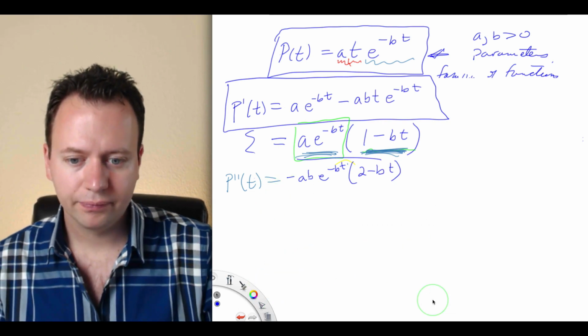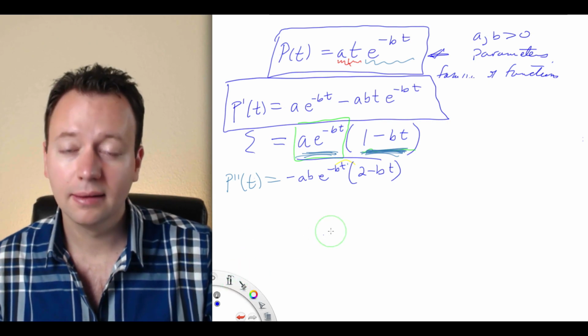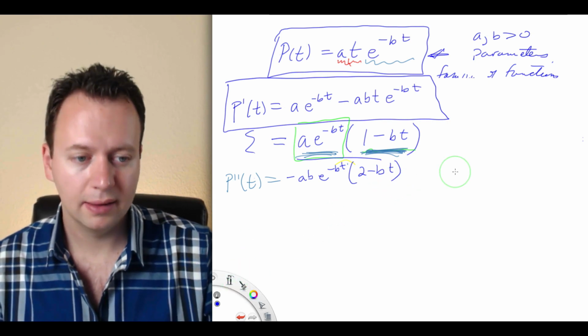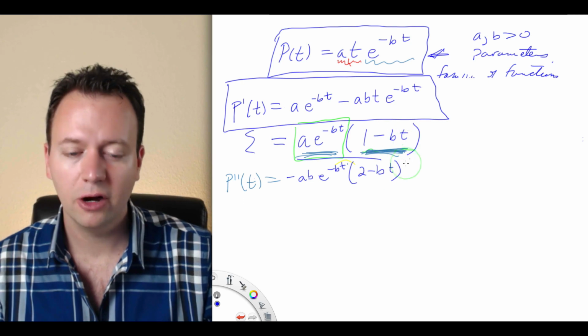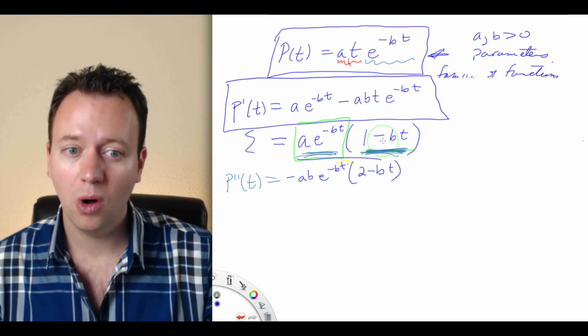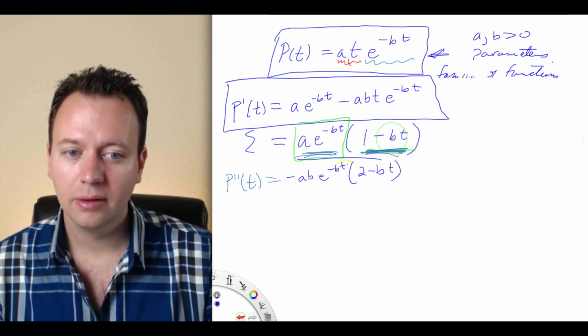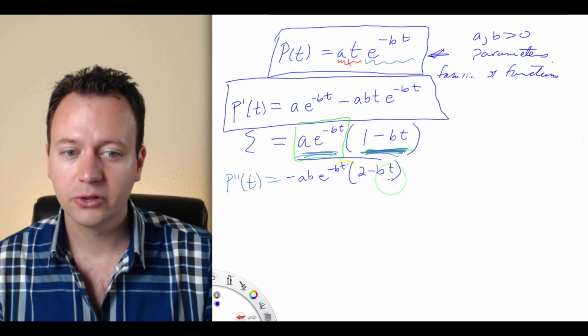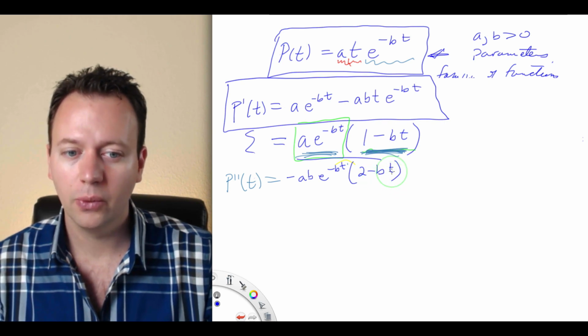Okay, so let's look at 2 minus bt. So this is similar to right here, except the 0 point is easy to find because if you just set 1 minus bt to 0, you divide by b and you get t is equal to 1 over b. Similarly, this becomes 0 when t is equal to 2 over b.